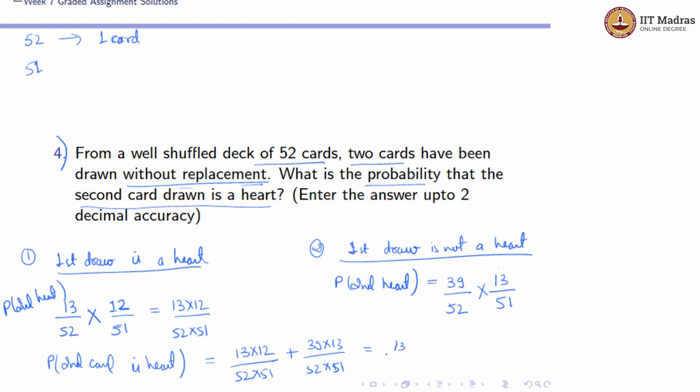So you take 13 by 52 into 51 common. So this is 12 plus 39, which is nothing but 51. So this will be cancelled out from here to here. This is 13 by 52. This is 1 by 4. So this is going to be 0.25. So this is the answer.